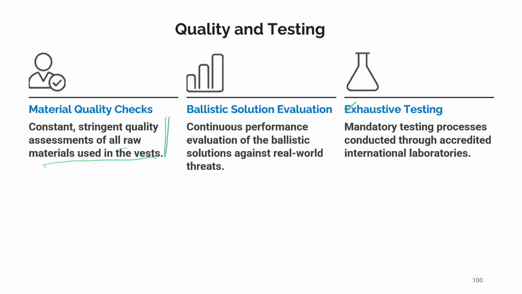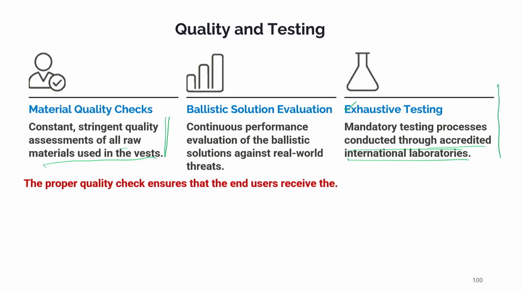Exhaustive testing should be mandatory. So, this process is to be conducted through accredited international laboratories. So, we have to have exhaustive testing, because these are protective textiles. It is not like if it fails, then we can have a second chance, but here there is no second chance. So, stringent evaluation and stringent quality checking should be there for this type of material.